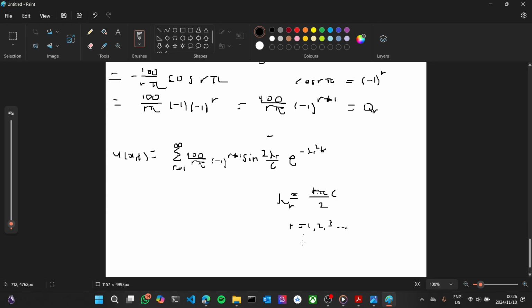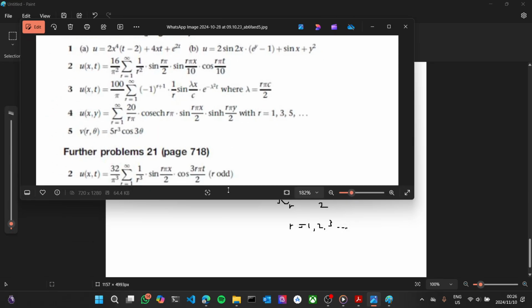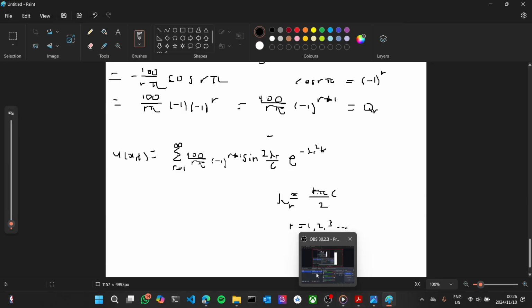Okay, so that's it. If you take a look at the answer here, that's exactly what you're seeing. The only difference is that they just factorize this. They bring out this 100 over pi as a constant and leave in the 1 over r. But you would definitely see that yeah, (-1) to the r plus 1.